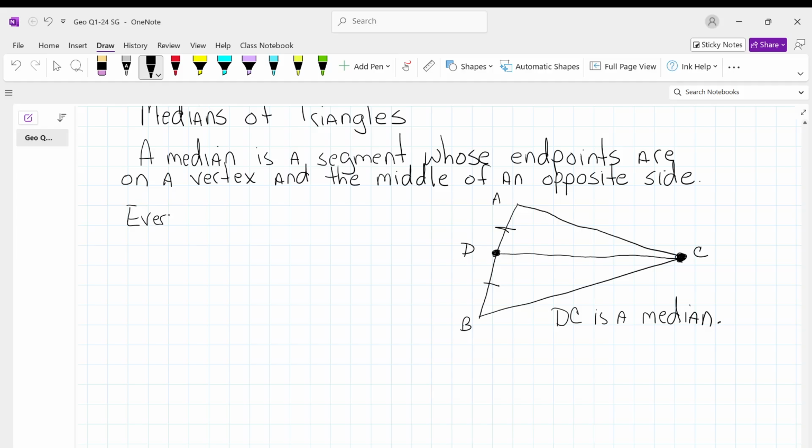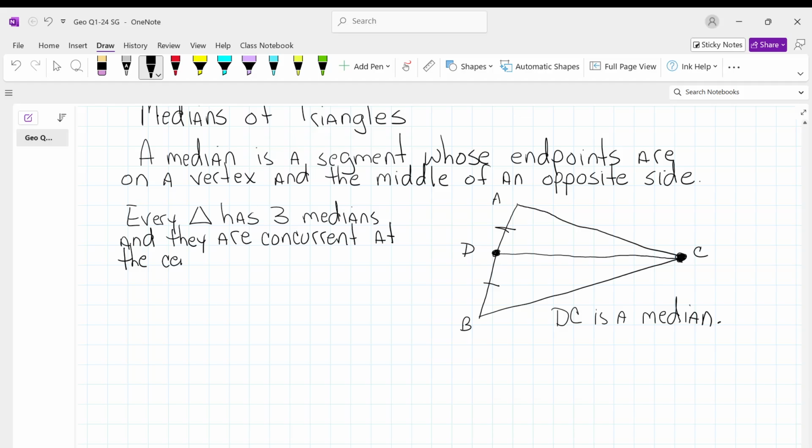Every triangle has 3 medians, and they are concurrent at the centroid. Theorem 5.7, called the centroid theorem.